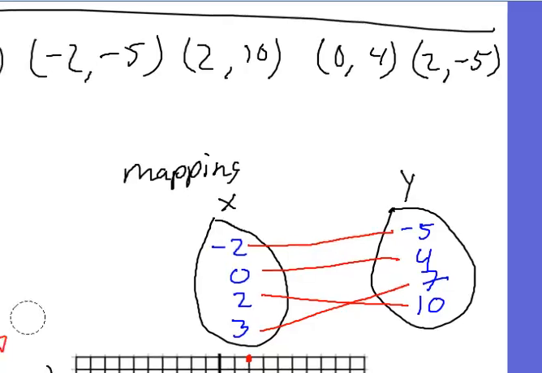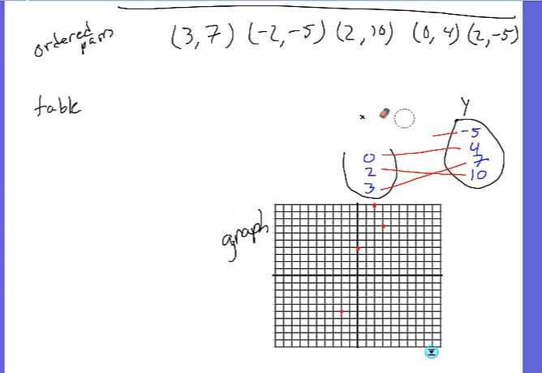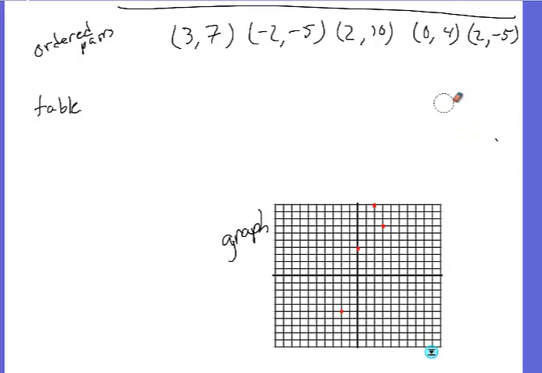Something that you learn to see if a graph is a function, it's called a vertical line test. Okay, we know right off the bat this is not a function because 2 repeats itself.